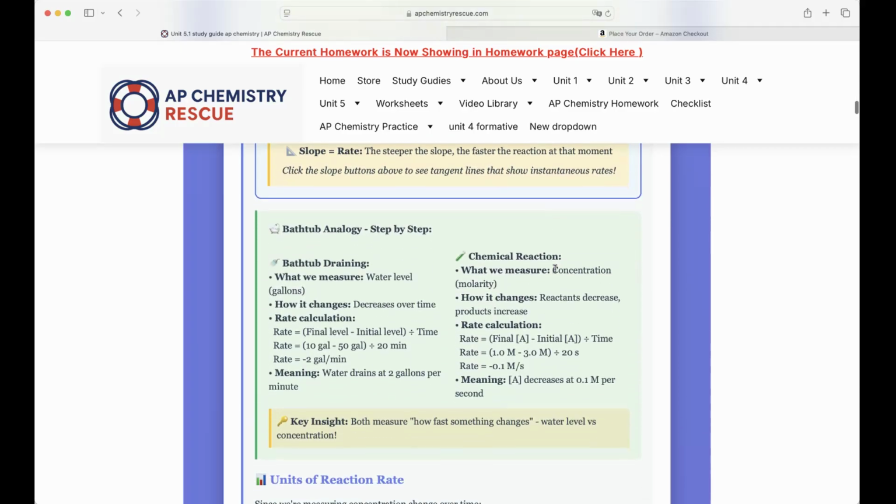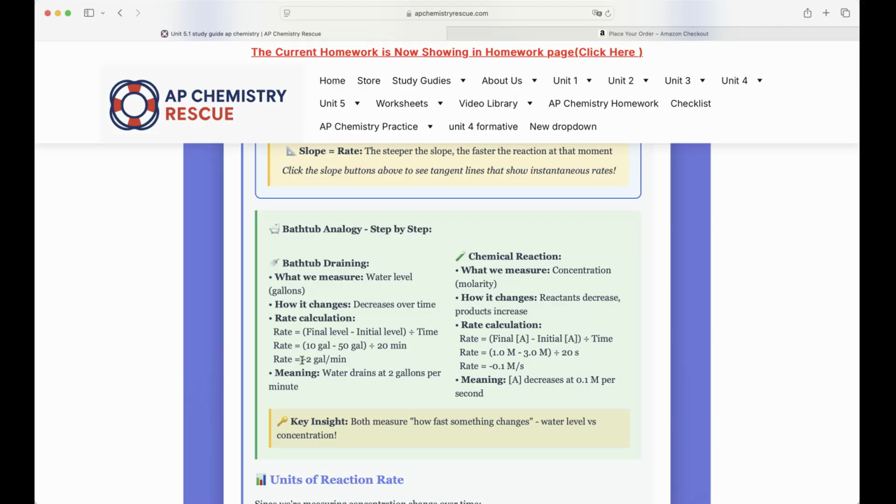We can make another analogy with a bathtub draining. What we measure is the water level, in gallons, which decreases over time. So the rate of the calculation is equal to the final level of water minus the initial level, divided by time. At the beginning, there were 50 gallons inside the bathtub. At the end, there are 10. So 10 minus 50 is equal to negative 40, divided by 20 minutes.